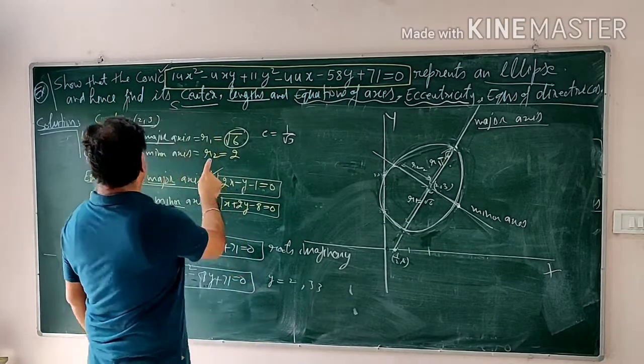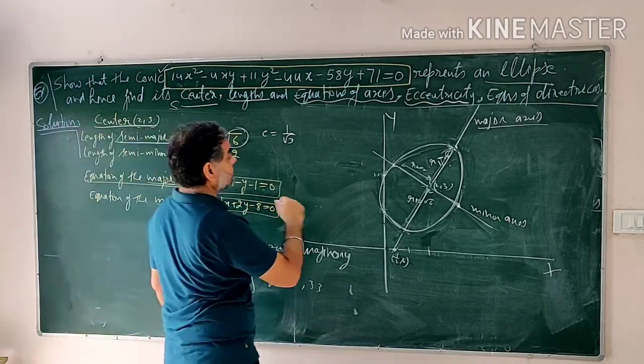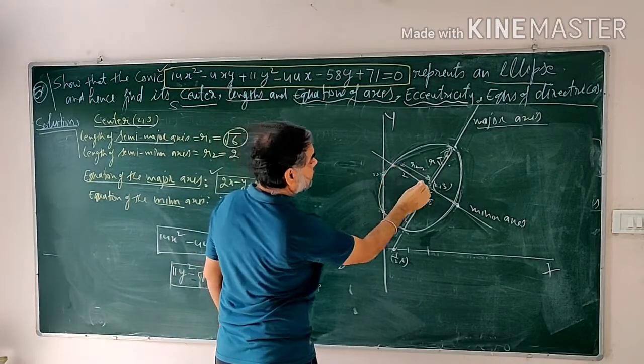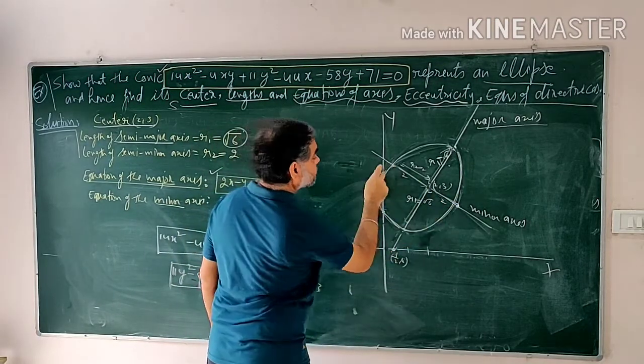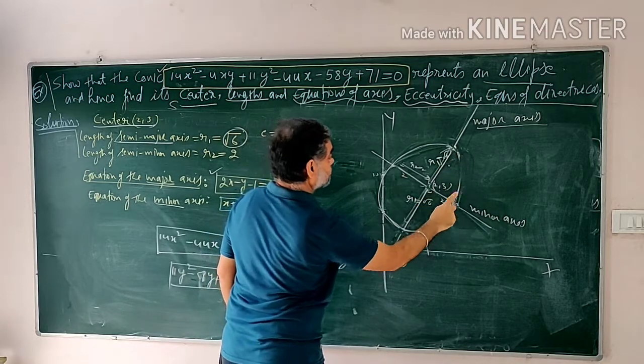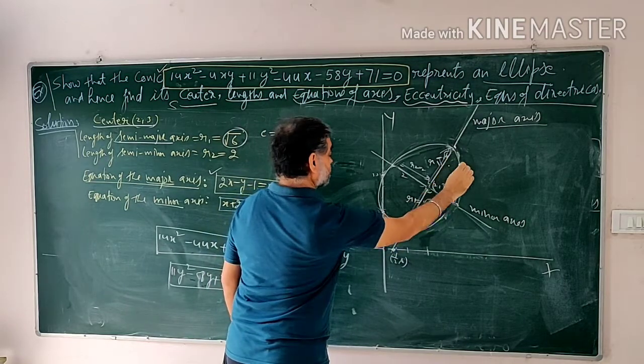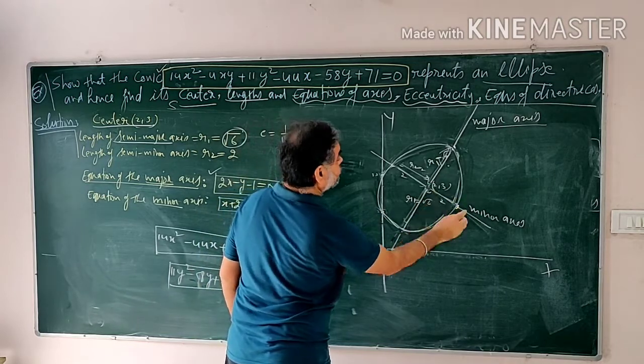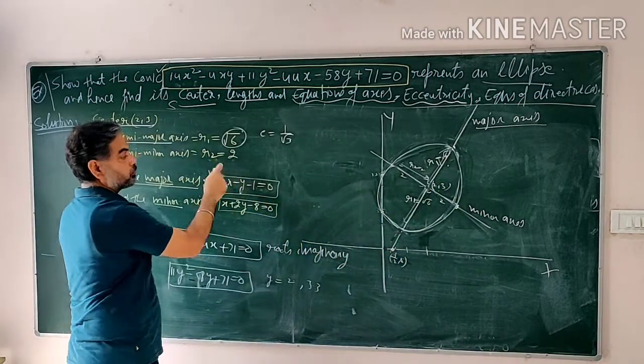Then the length of the semi-minor axis is 2. Cut this length equal to 2 on both sides, that is R2.